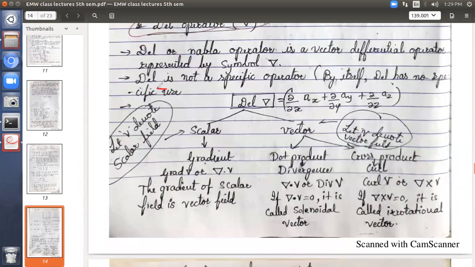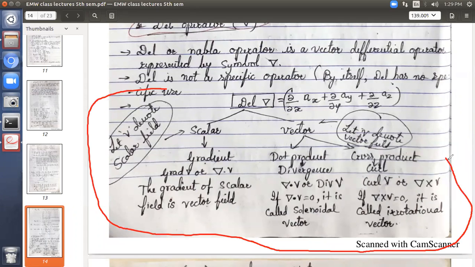I have made a chart for your simplicity. You can go through it. If you check this chart, I have written here del, it is a vector and differential operator.